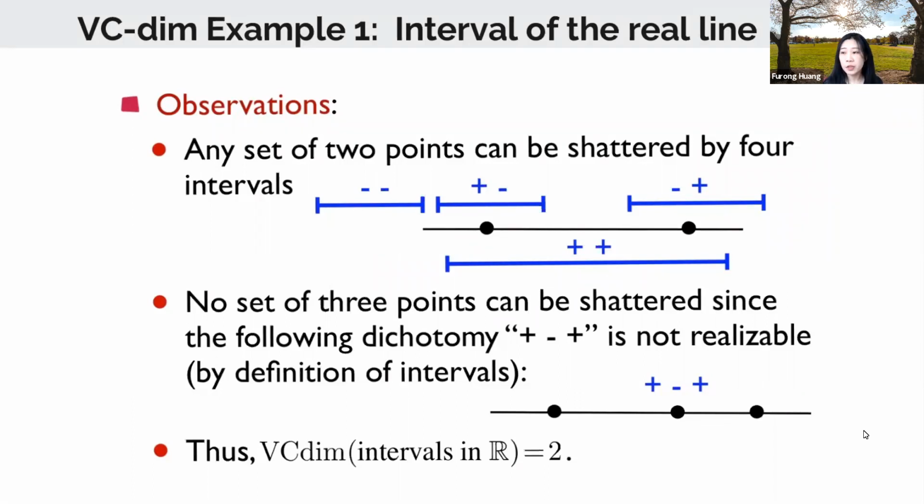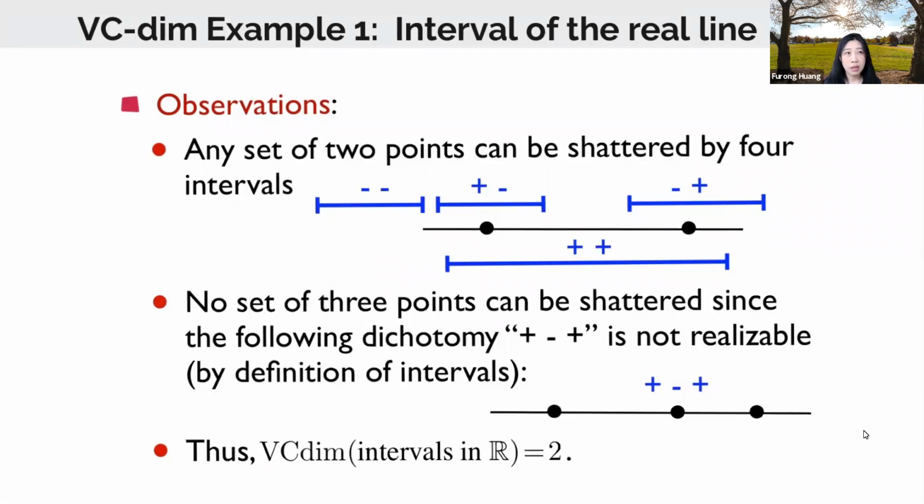So we'll see a first example. Everyone has been working with lines, real lines, and intervals of the real line. So for the first example of VC dimension characterization, we look at an interval of the real line.